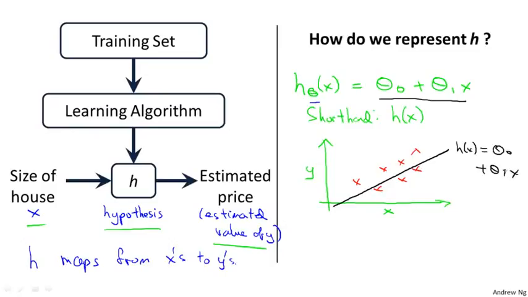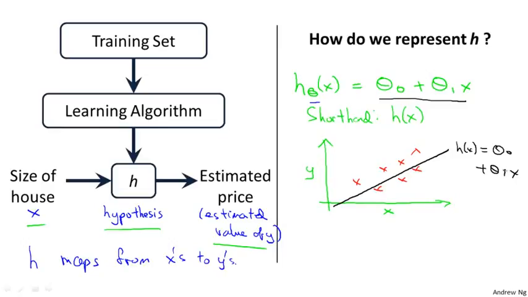And why a linear function? Well, sometimes we'll want to fit more complicated, perhaps nonlinear functions as well. But since this linear case is the simpler building block, we'll start with fitting linear functions first, and we'll build on this to eventually have more complex models and more complex learning algorithms.